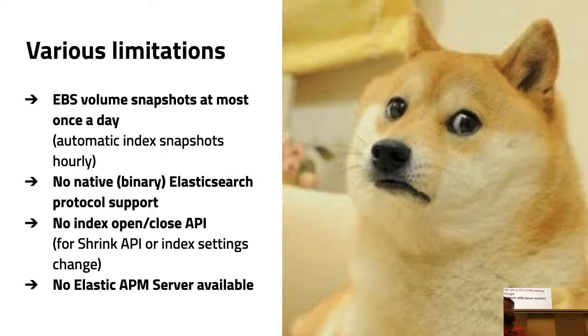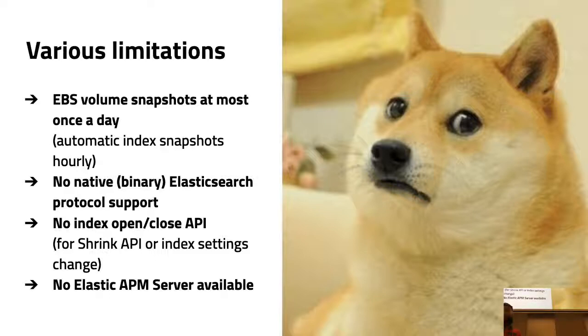Other limitations: you would have EBS volume snapshots only at most once a day. There's no support for the native Elasticsearch protocol, so you only have access to it over HTTP. You'd probably only feel it when you want to migrate a lot of data, but still, it's quite annoying.